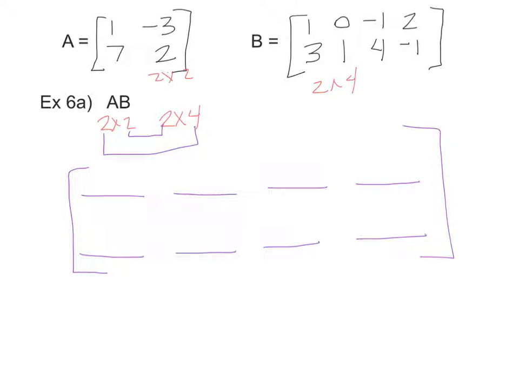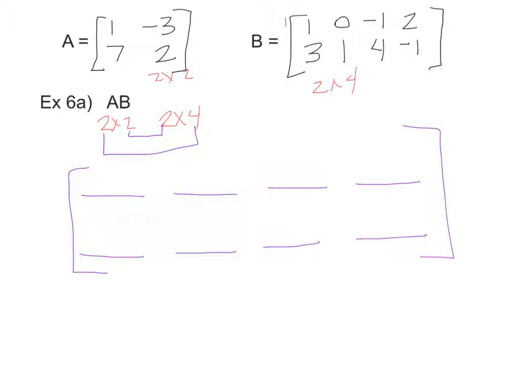We are going to take this top left and we're going to put our top over here with our left, which is why those have to match up. So basically, I'm taking this 1 and it goes to the 1. This negative 3 goes to the 3. So essentially, we're just lining those up.